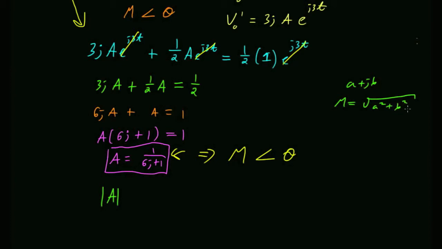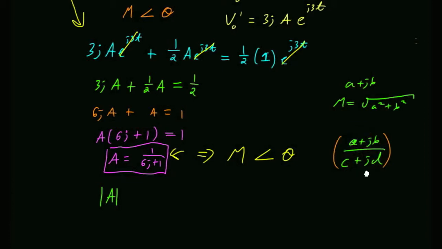What if you've got a fraction? What if you've got two complex numbers, one on top of the other, like a plus jb over c plus jd?